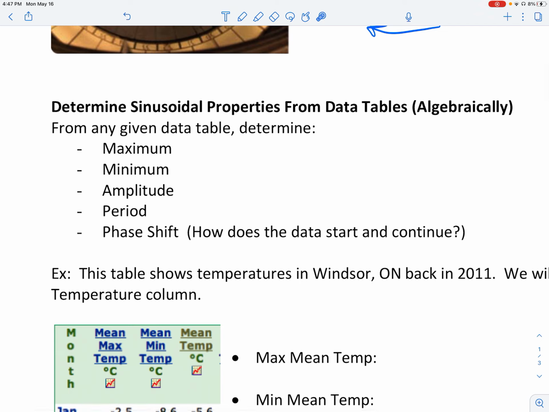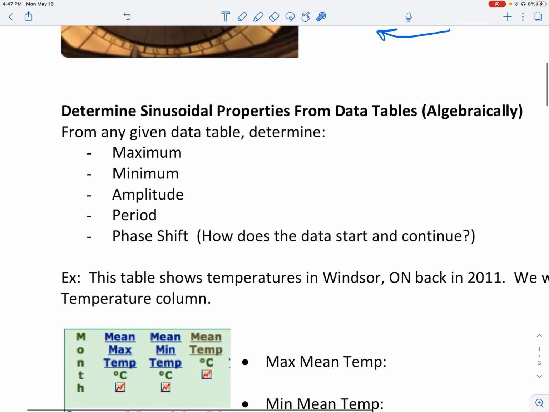If we're going to try to come up with an equation for sinusoidal or periodic data, you have to pick out some important information. From that given data table, you need to determine the maximum and the minimum, which is usually pretty easy to figure out when you look at the data that's collected. You look for a maximum value and a minimum value, and then from that you can calculate the amplitude.